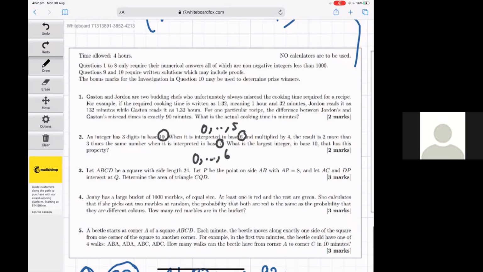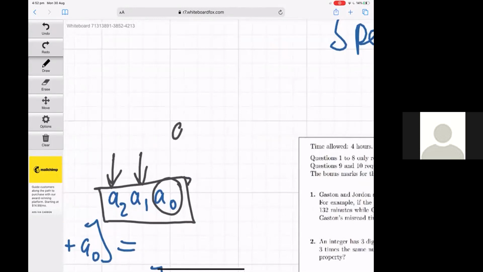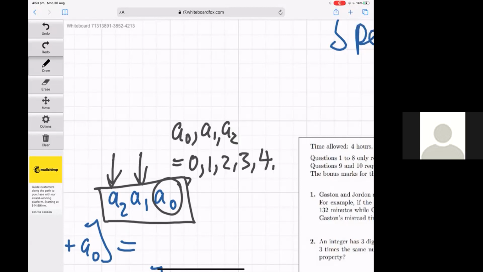So since this 3-digit number can simultaneously be interpreted in base 6, 7, or 10, the maximum value of any of these digits is actually 5, which is the minimum of the maximums for each base. So A0, A1, and A2 need to be 0, 1, 2, 3, 4, or 5.